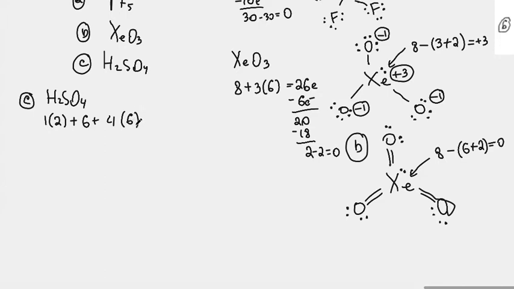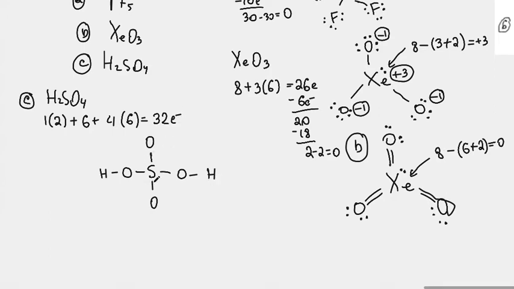So let's do 4 times 6 plus 6 plus 2, and we will get 32 valence electrons to work with. For sulfur, the way it looks is it's connected to 4 oxygens like this, and 2 of the oxygens have a hydrogen as well.